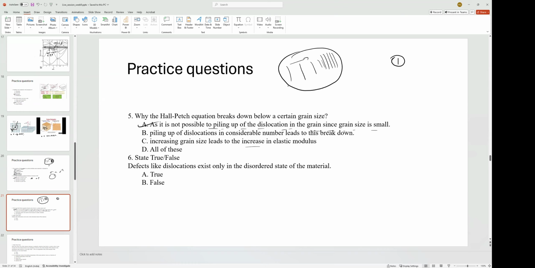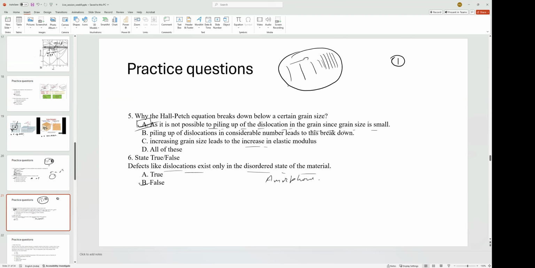Increasing grain size leads to increase in elastic modulus. We say effects like dislocations exist only in the disordered state of material. Disordered state is amorphous. False.